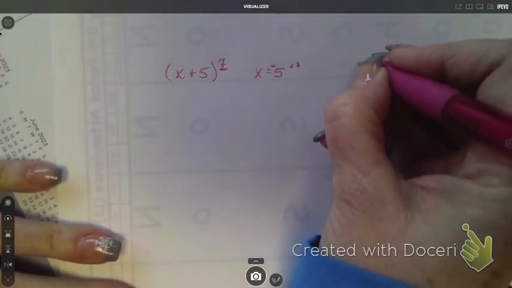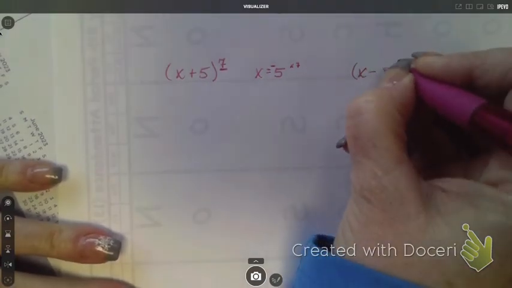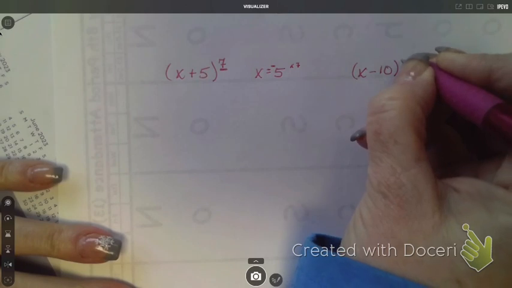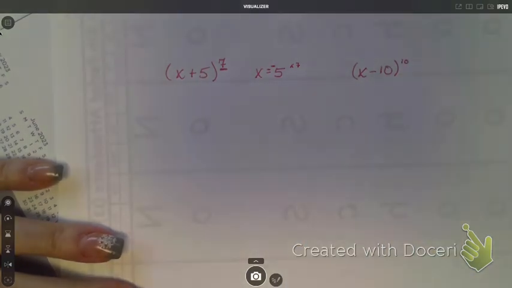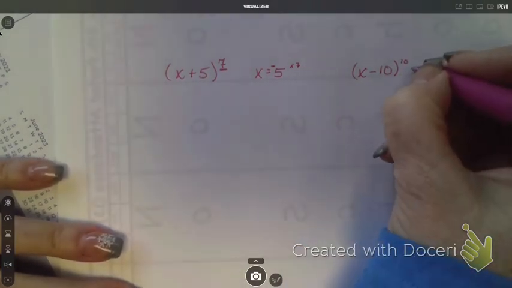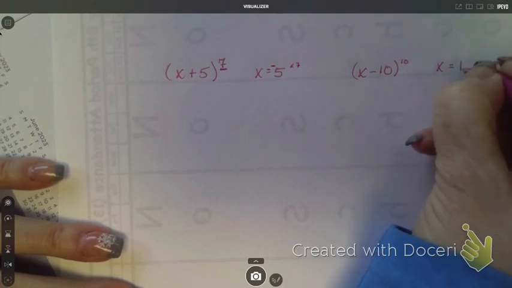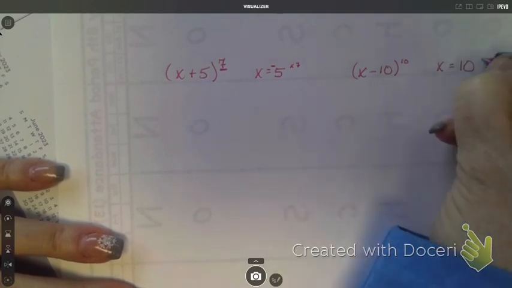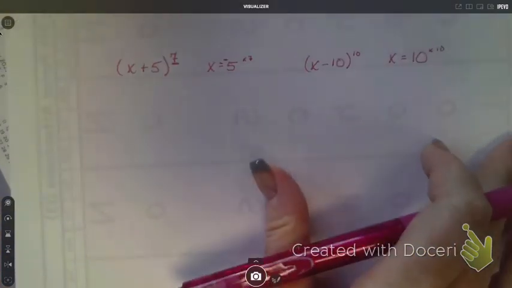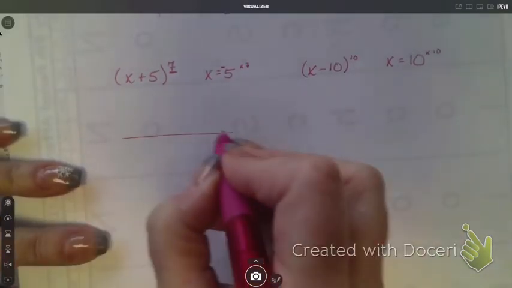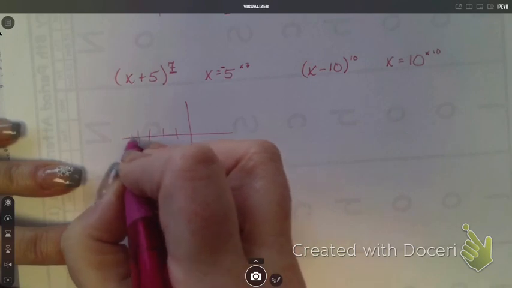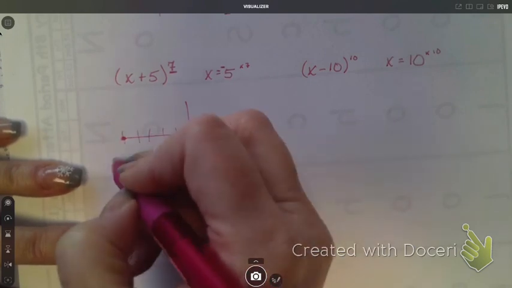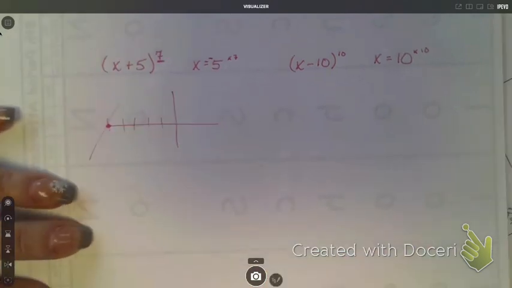So if I have (x - 10)^10, x would equal what? 10. How many times? 10. So you just put times 10. So what would happen here at negative 5? I would go through my zero, yes.